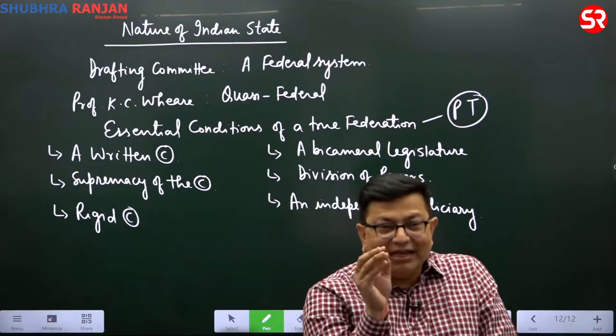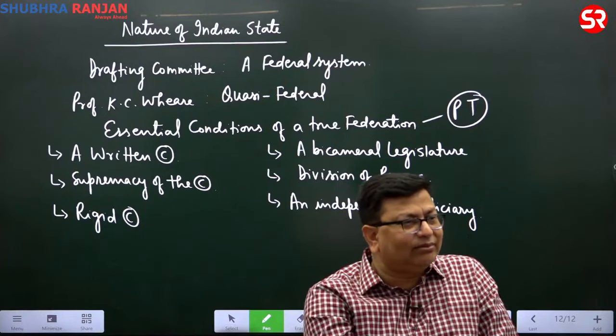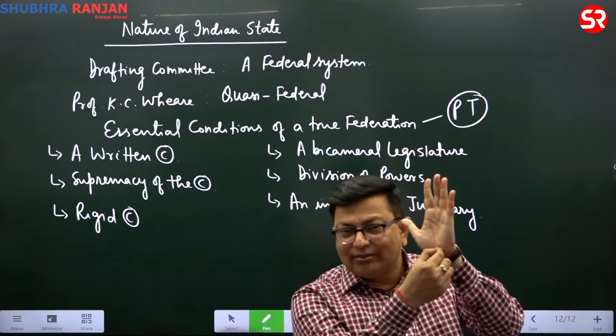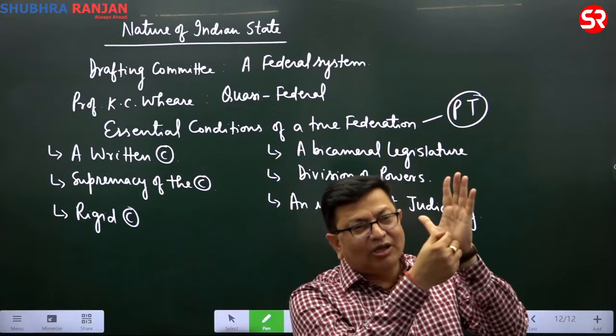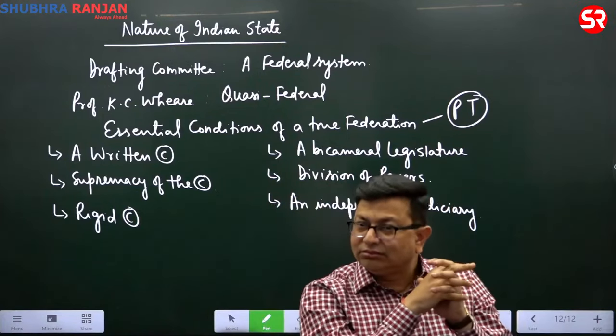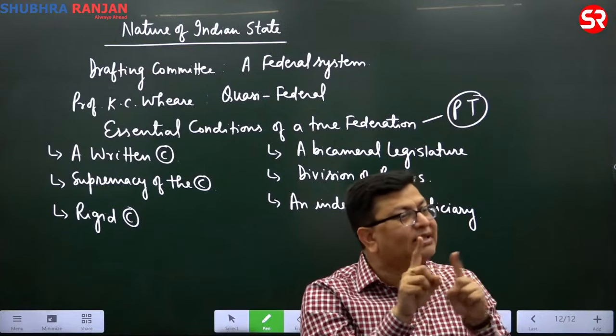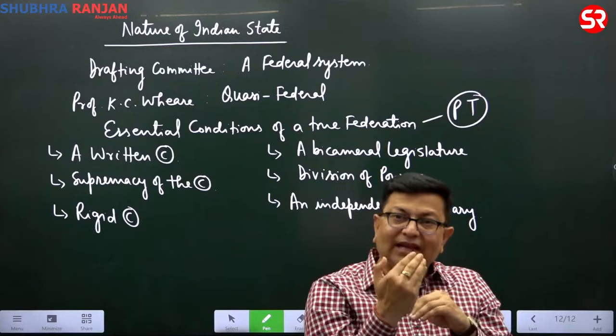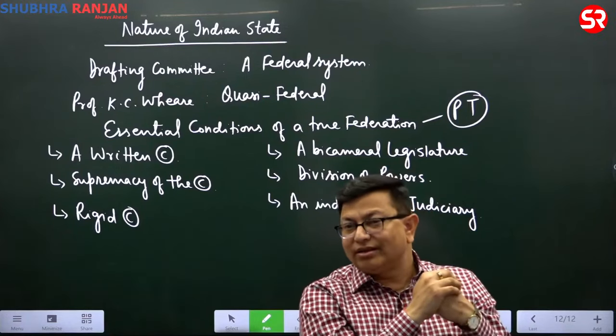That is, these aspects are there in the American system, and these aspects are not there in India, so India is not a true federation. So they have done a comparison, and from that angle we have to look into the things.